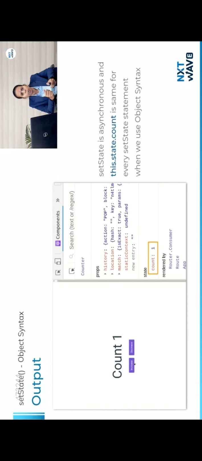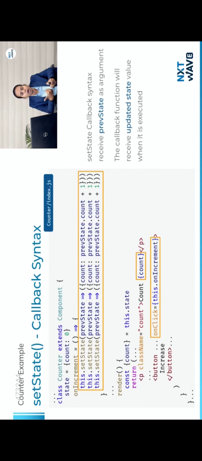Now what will happen if we use the callback syntax? When we use the callback syntax, the previous state is passed as an argument. After the first setState call, the updated state will be passed as an argument to the second setState call. Based on that, the count is updated. And similarly for the third setState call.